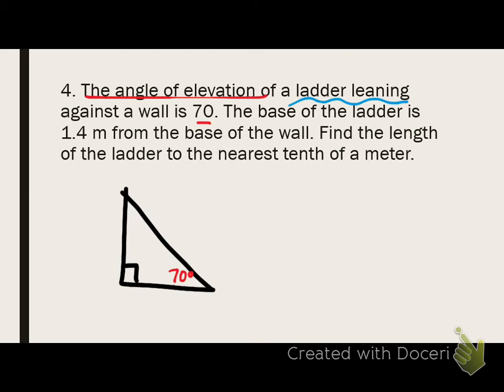So if you want to go ahead and label, this is where your ladder is. The base of the ladder is 1.4 meters from the base of the wall. So where am I going to put 1.4? On the bottom. Because the base of the ladder, which is on the bottom, is 1.4 meters from the base of the wall. We're going to find the length of the ladder to the nearest tenth.